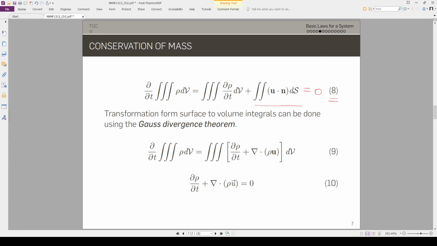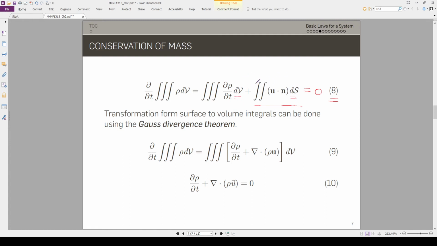From this equation number 8, as we can see here, we have two expressions. The first one is the volume integral, and the second one is the surface integral. Now it is like we have orange and apple, so we cannot add them straight away.